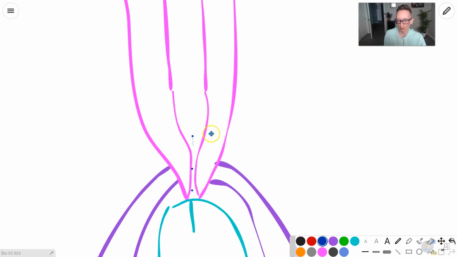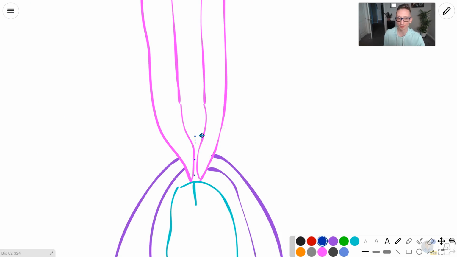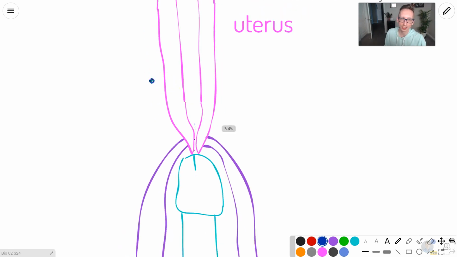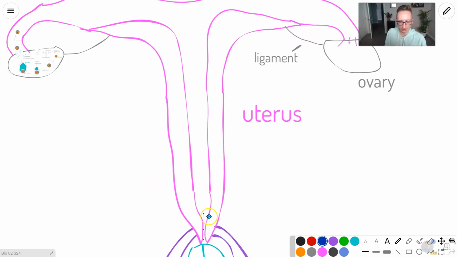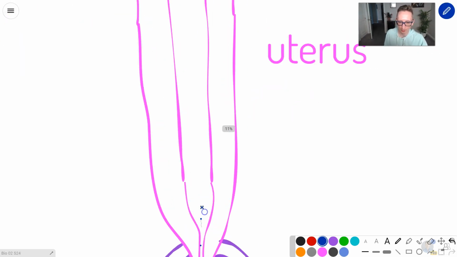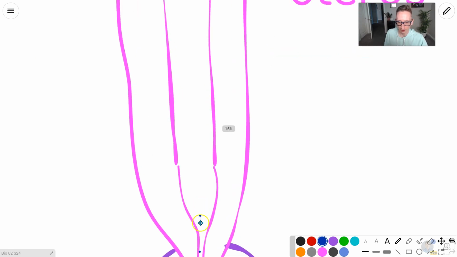It's also got things like prostaglandins, which are going to cause the cervix and uterus to contract to suck up more of that semen, to increase the chances of one of these 400 million sperm, let's say 150 million, 200 million, depending on how long it's been since the last ejaculation, to migrate all the way up here.